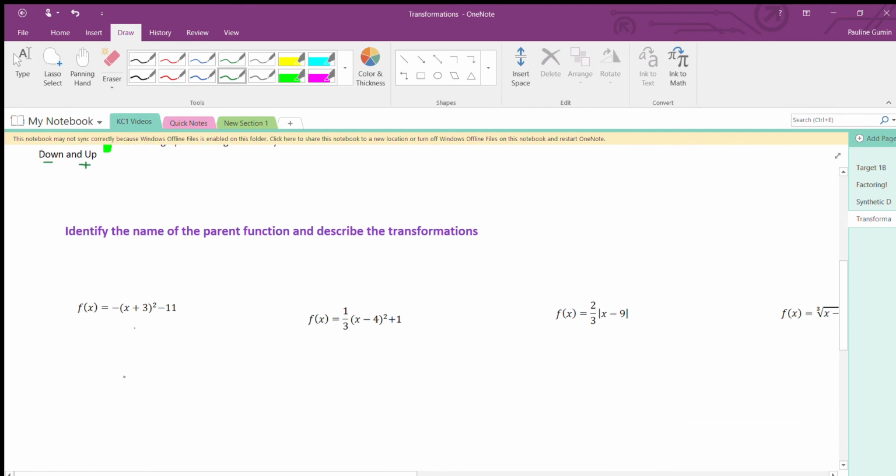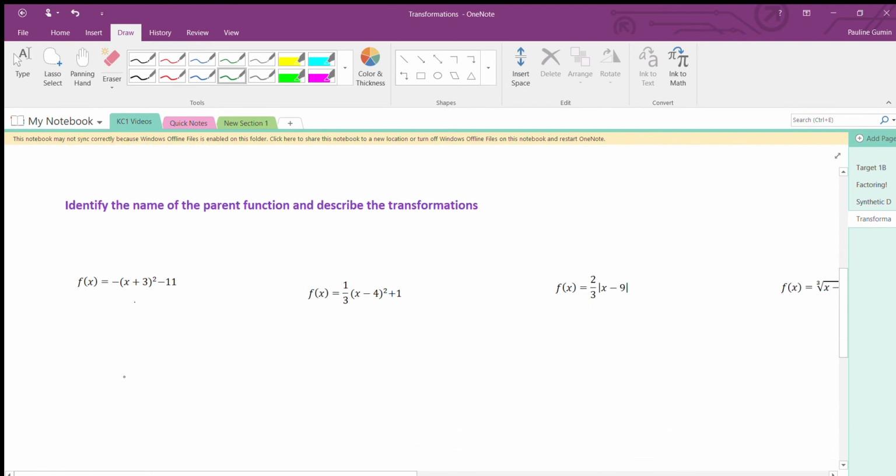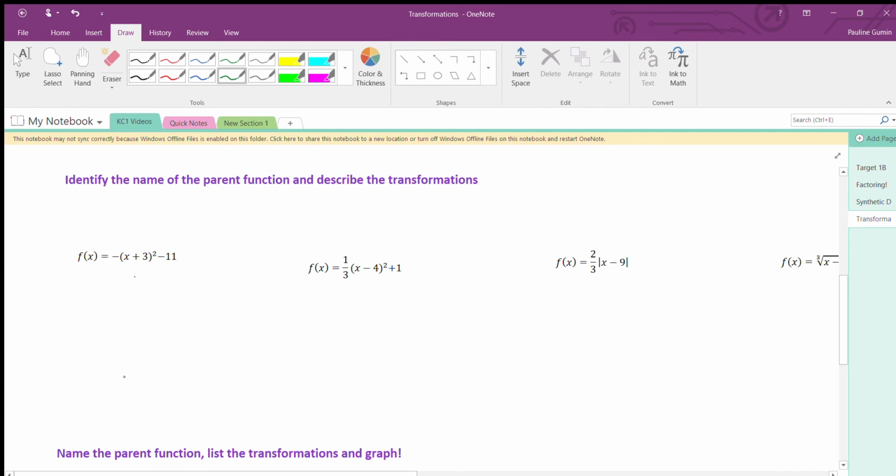Next, let's name the parent function and describe the transformations. First, the name. The name of this parent function is a quadratic. And I'll type that in. Quadratic.